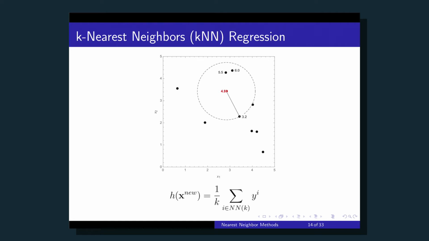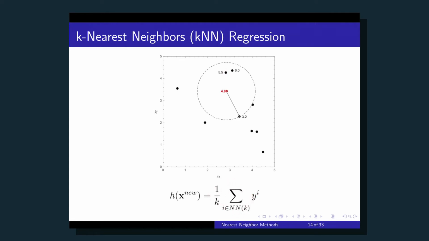What we do is we take the 3 nearest neighbors, and now each one of their labels are not classes like colors, etc., but they're actually continuous values. And a straightforward way is to take those k nearest neighbors, take their values and take the average.